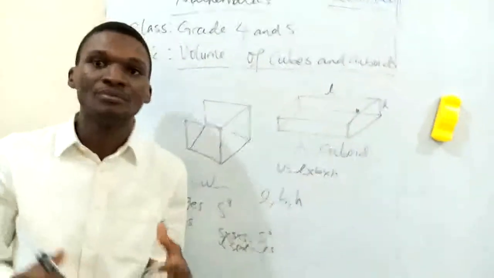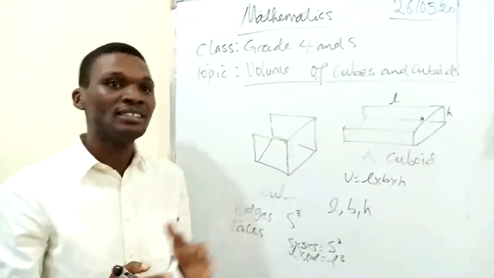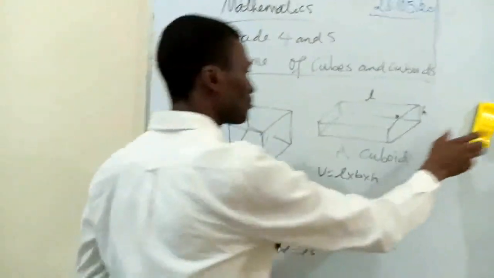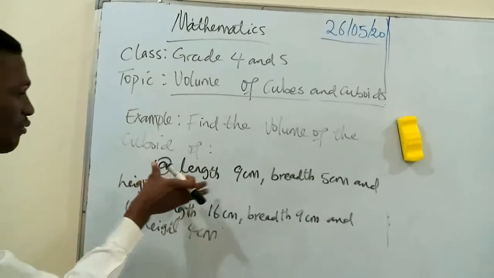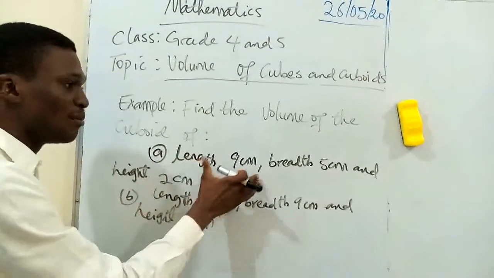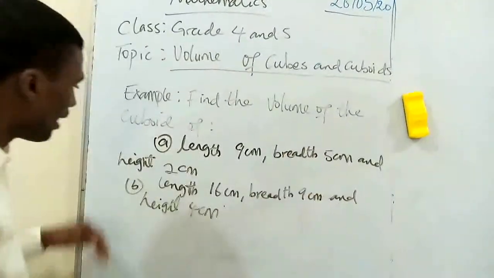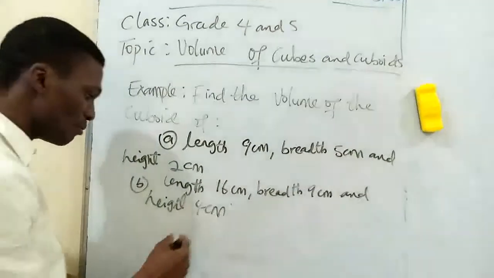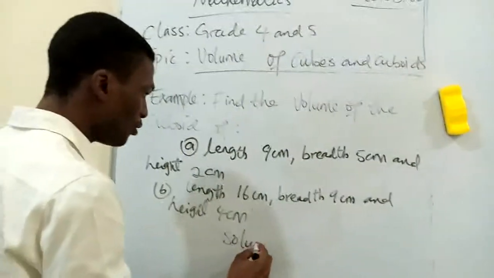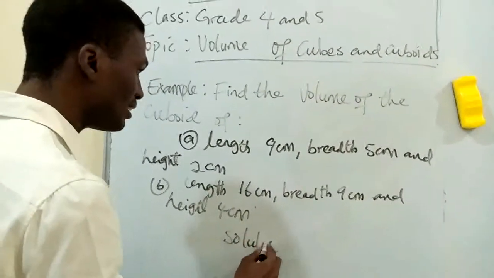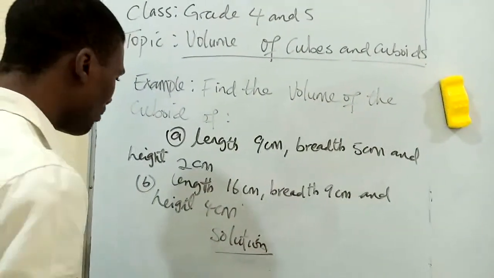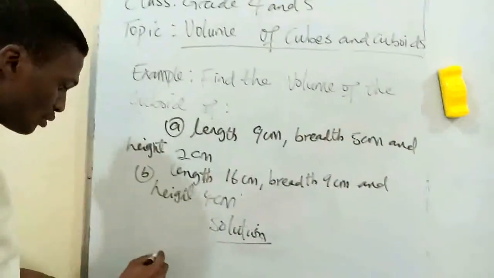Now we'll look at how to apply the different formulas in solving problems. Of the cuboids, we have the first one with a length of 9 cm, breadth of 5 cm, and height of 2 cm. Find the volume of a cuboid of length 9 cm, breadth 5 cm, and a height of 2 cm.